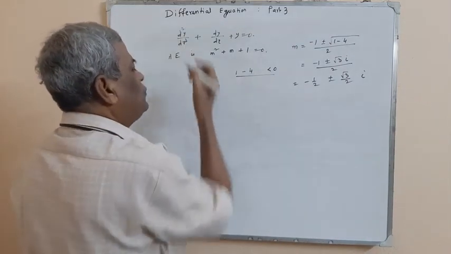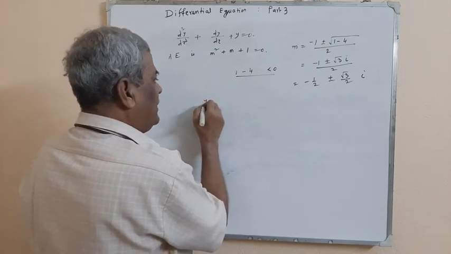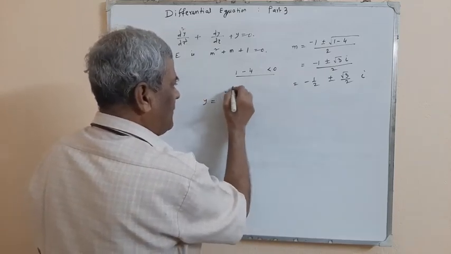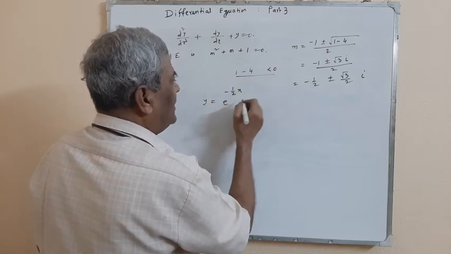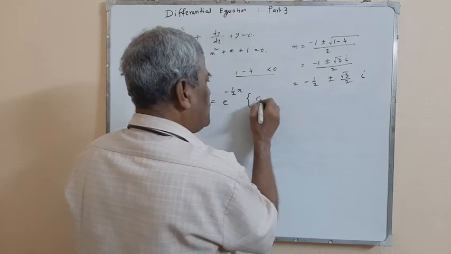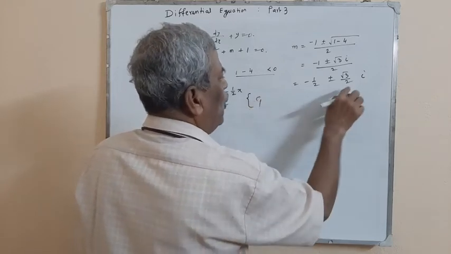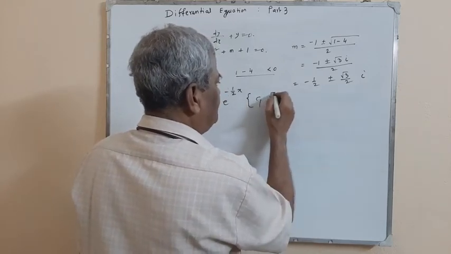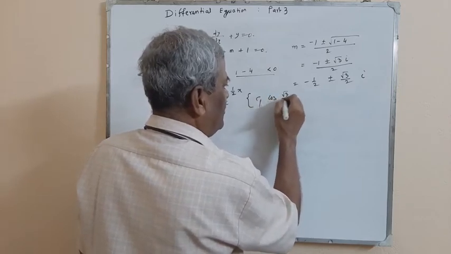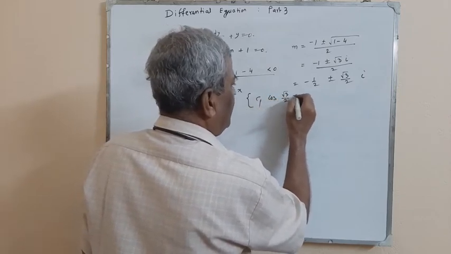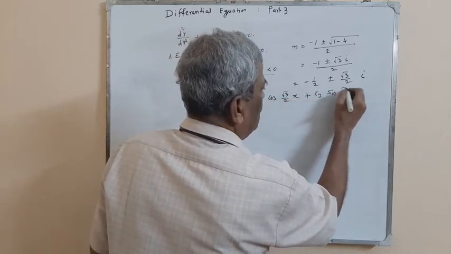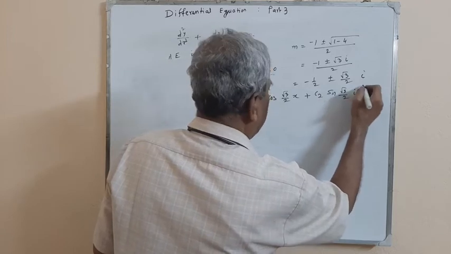Therefore, its solution is y equals e to the power alpha x, into c1 cos of root 3 by 2 x, plus c2 sine of root 3 by 2 x.